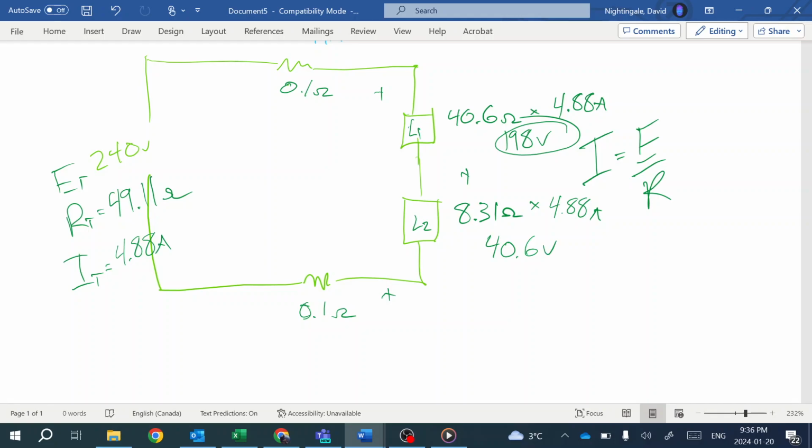Now there's a couple rounding errors for sure. Well, actually we got the drops in our line resistance as well, in our conductors, so it's not going to equal 240 volts, these two, quite yet. But either way, what you can see here is the imbalance of voltages, the voltage drops on our load, which is what we would never want.